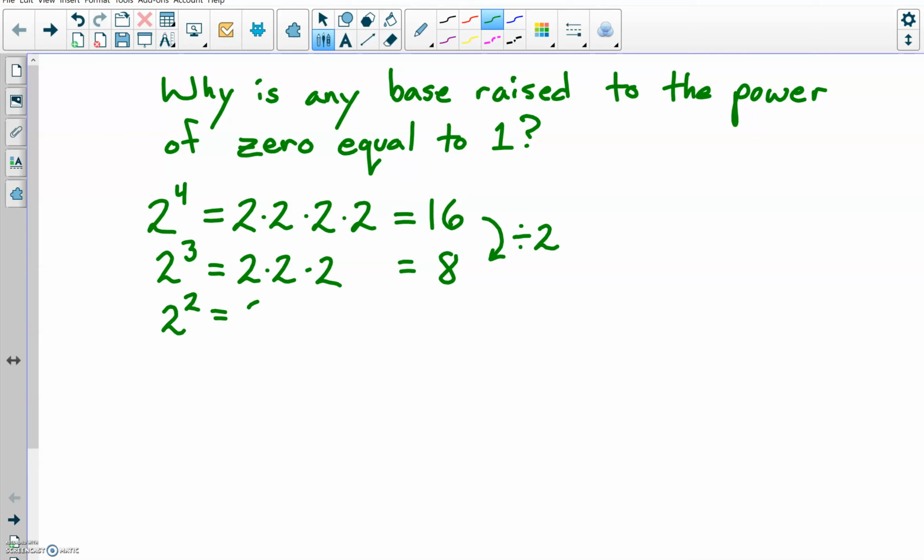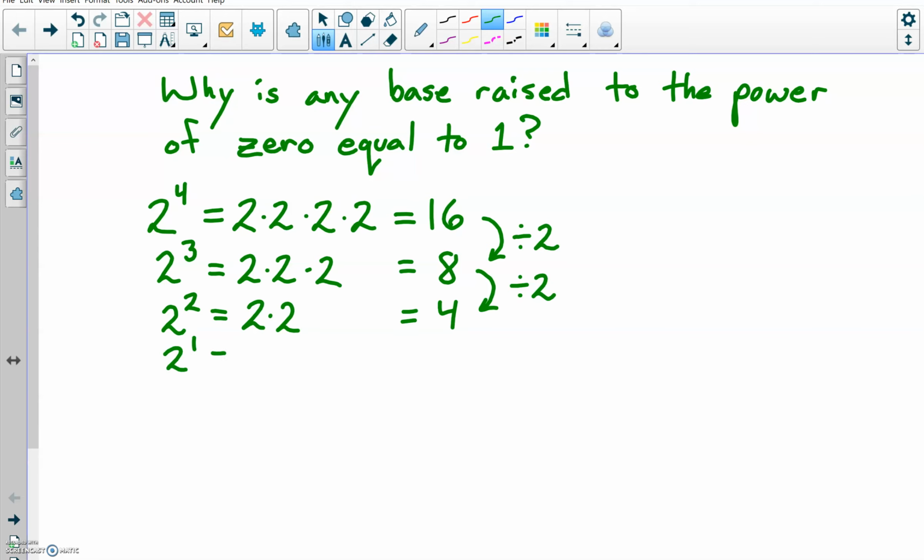So 2 squared is 2 2's multiplied together. 2 times 2 is equal to 4. And again, if you look at the 8 and the 4, the relationship there, if you divide 8 by 2, you will get 4.